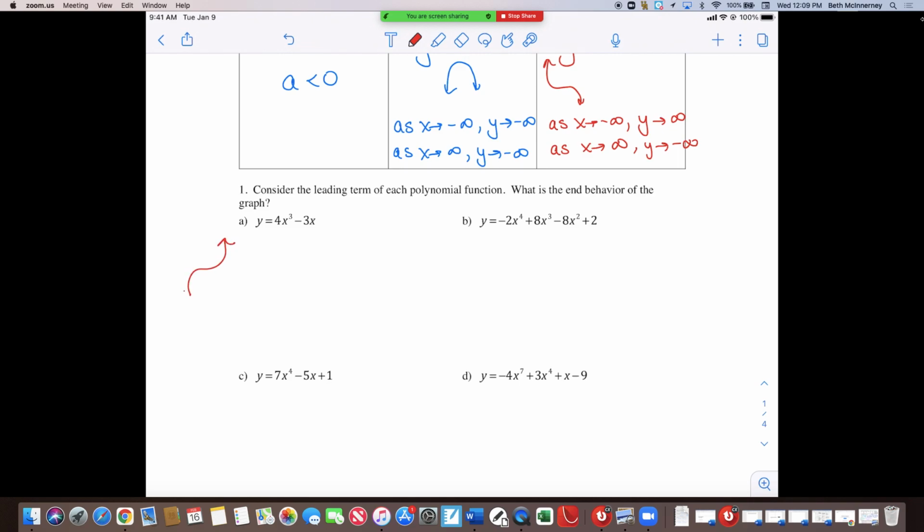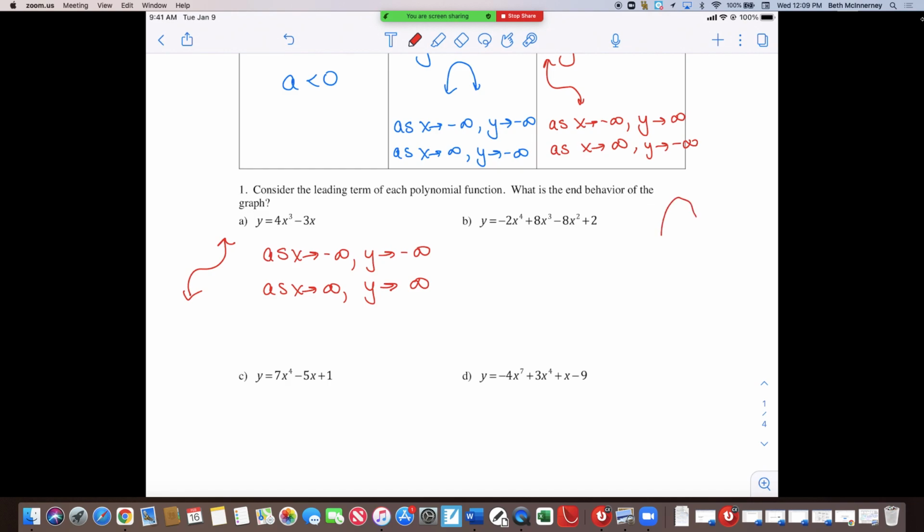So letter A, this is 4x cubed, and that's called the leading coefficient test. It takes over whatever that highest power is. So as x moves left, y moves down. As x moves right, y goes up.